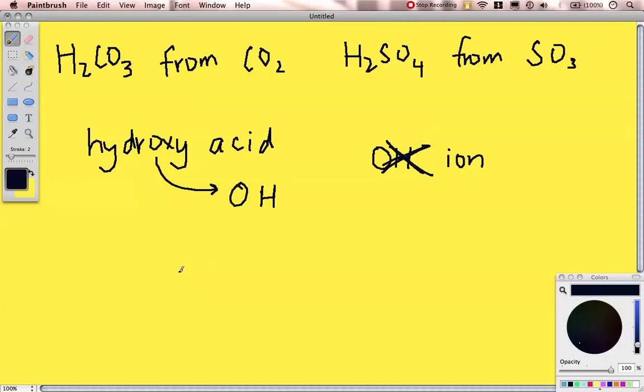Now, guys, just to demonstrate the hydroxy group setup, I'm going to draw these two acids, carbonic acid and sulfuric acid, just so you guys can see a bit of a pattern happening. So carbonic acid looks like this. It's got a double bond with one oxygen, and then it's got two hydroxy groups like that.